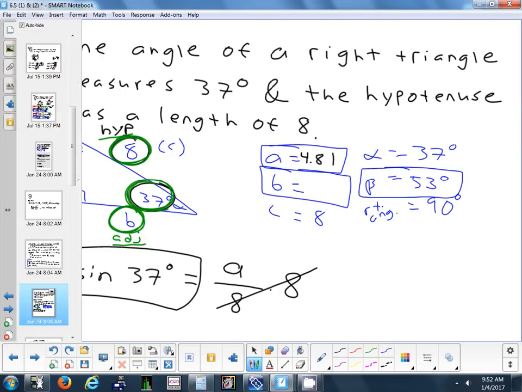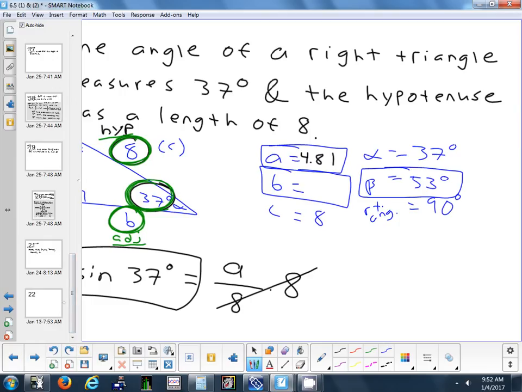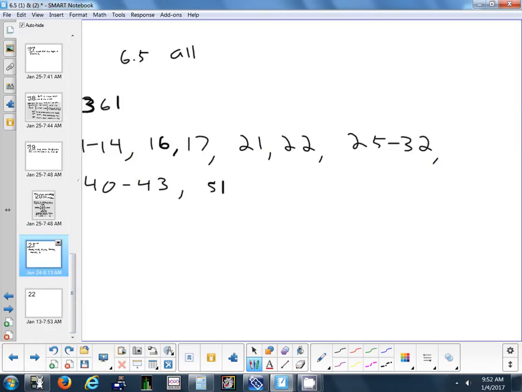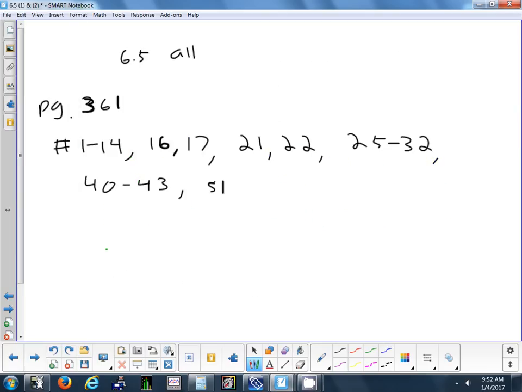All right, so the homework for tonight. We can definitely do 1 through 14. 21, 22 is okay. I'm going to have you skip for tonight 25 to 32.